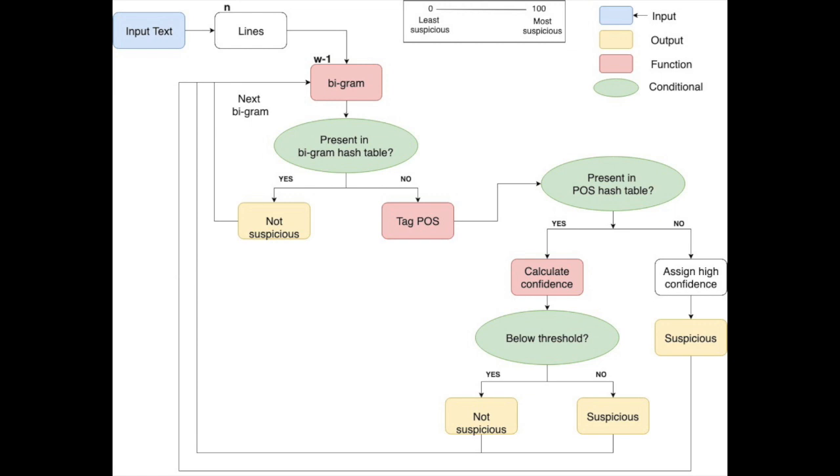The bigram is tagged to get the POS, and then we look up the resulting POS pair in the POS hash table of the language model. If the POS pair is not found, we flag it as highly suspicious. If it is found in the hash table, we calculate a confidence score based on its frequency in the language model.